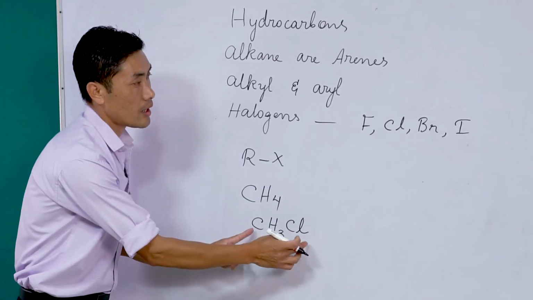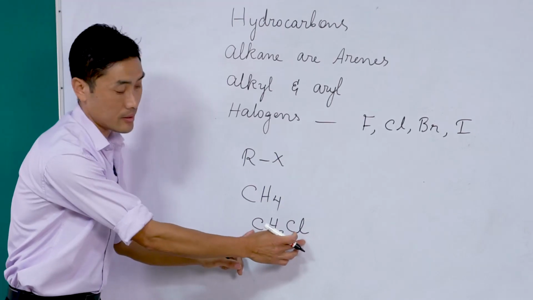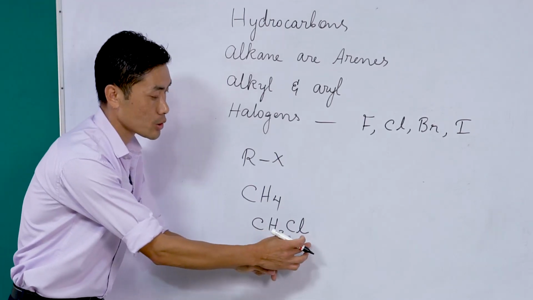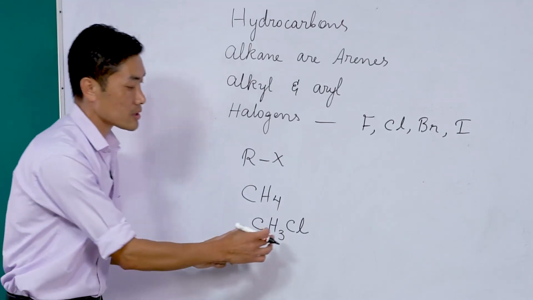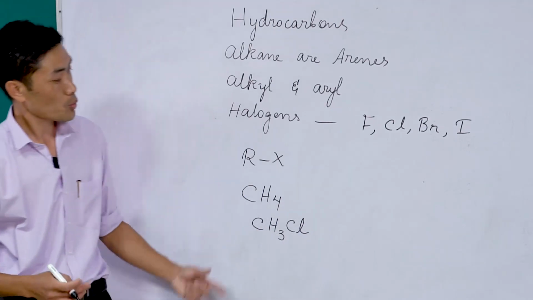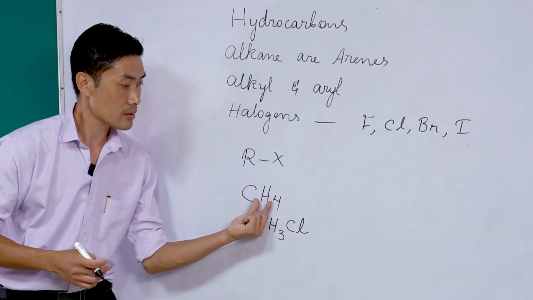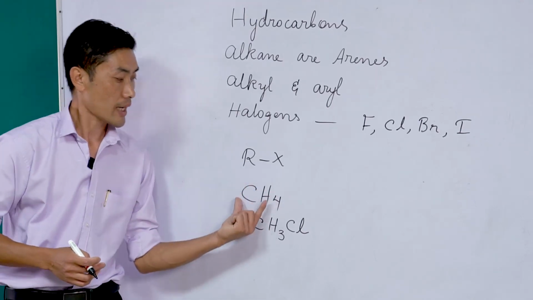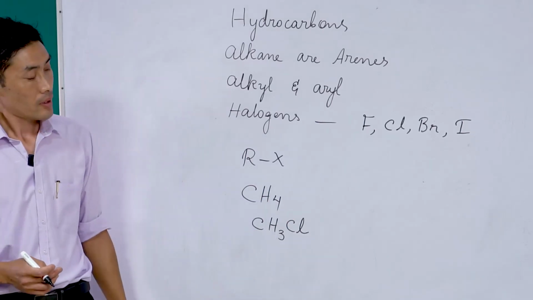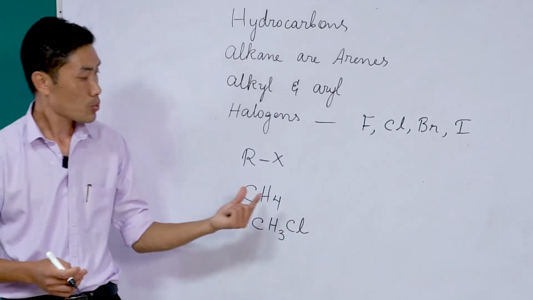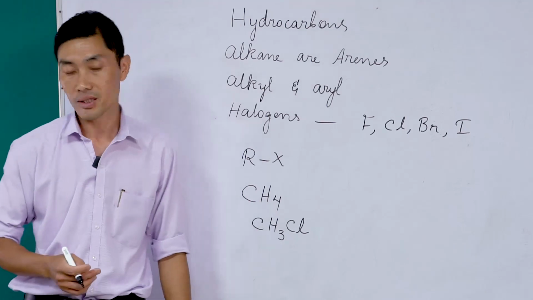Here we get a haloalkane. This is named chloromethane, or it is also named methyl chloride. So by replacing one hydrogen from this hydrocarbon by a halogen, we get a haloalkane. In certain cases, more hydrogen atoms may also be replaced.